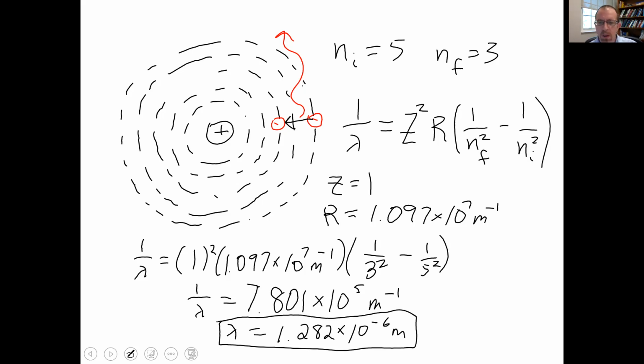Okay, maybe I don't want to stop there. Maybe I want to figure out, well, what's the energy of this light? There's an equation absolutely that I can use for that, that once again is given to you on your lab worksheet. Let me try and transition over to the next slide. Okay.